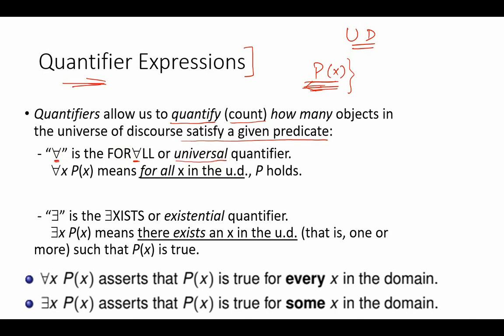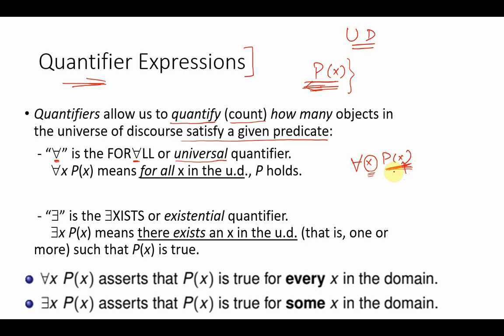If I say for all x, p of x, it means that this predicate p of x will be true for all the values of x in the universe of discourse. In other words, I can substitute x with each and every value from the universe of discourse, and the resulting proposition will be true for all the values.